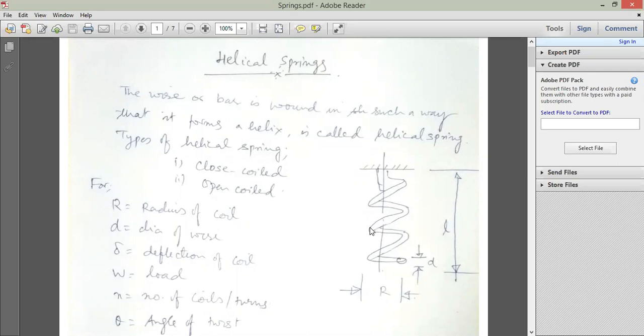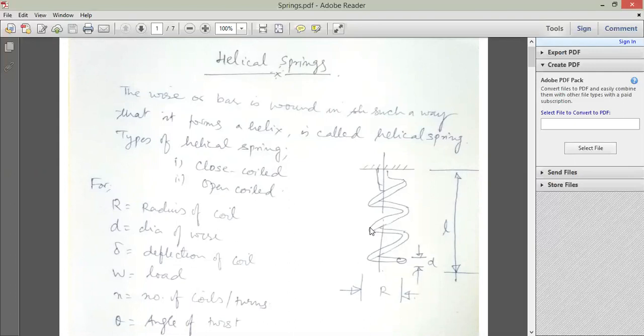Once we release the load, the spring comes to its original position. In other cases we have compression springs where we apply a compressive force and the spring compresses, and once the load or force is removed, it comes to its original position.